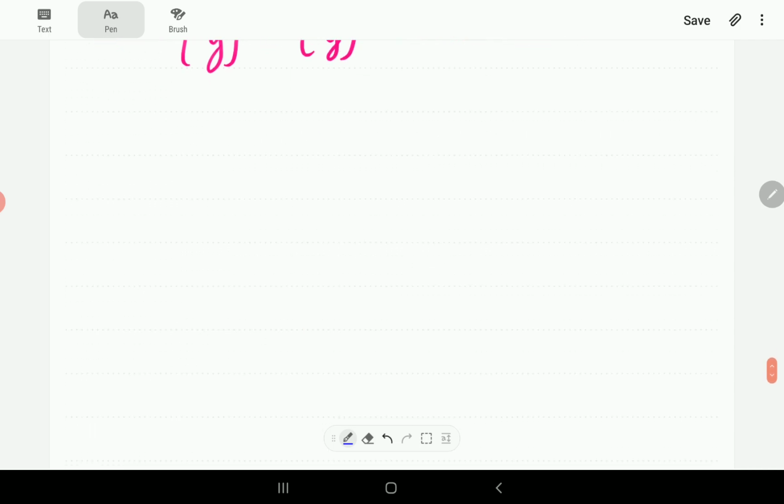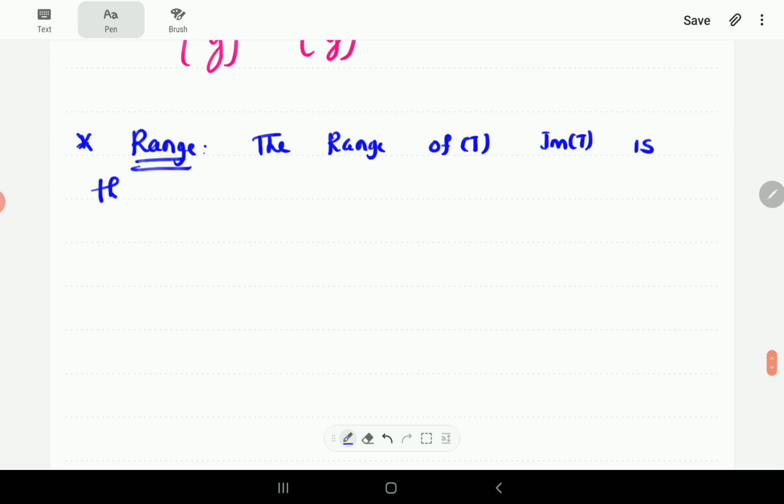So let me now discuss the range. What is range? The range of the transformation T is denoted as, say, Im(T), that is the image of T. It is the set of all vectors expressible as T of x.